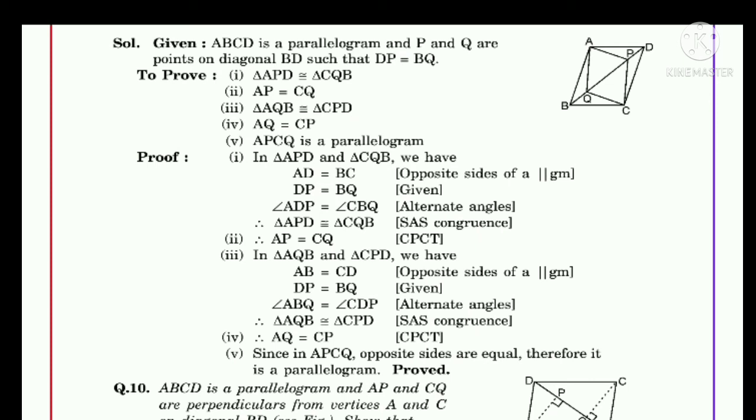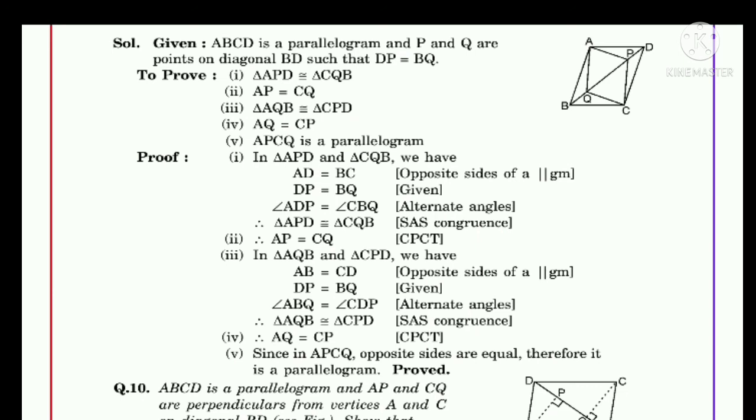So in this case, we take the two triangles AQB and CPD, and from there we get the third and fourth conditions. Is it clear? Same process. Whatever we have done for the first and second, the third and fourth are the same. Just the triangles are different. If you draw the triangles separately, then you can easily understand.